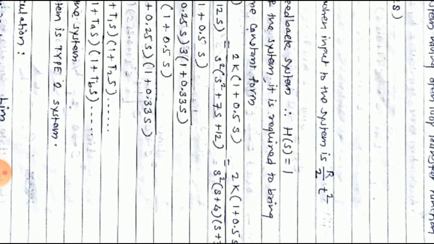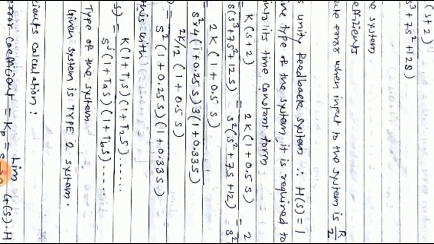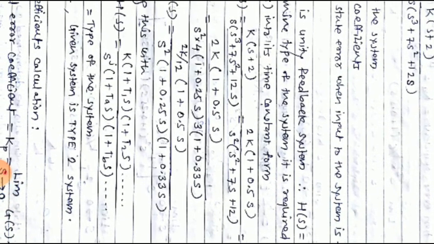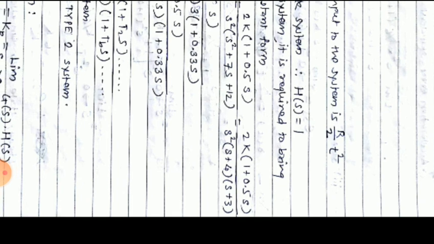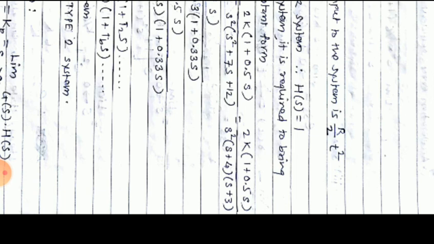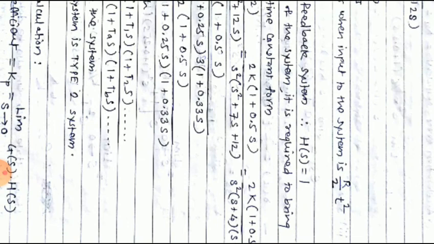So in the denominator, s plus 4 you divide by 4 for the first term and s plus 3 by 3 for the second term, so that you get this denominator in time constant form: 2K into (1 plus 0.5s) upon s square into 4 into (1 plus 0.25s) into 3 into (1 plus 0.33s).